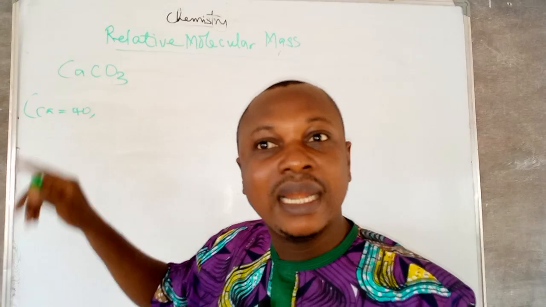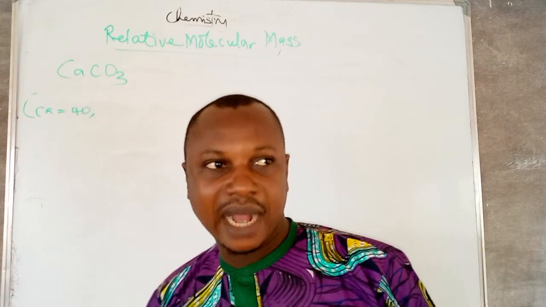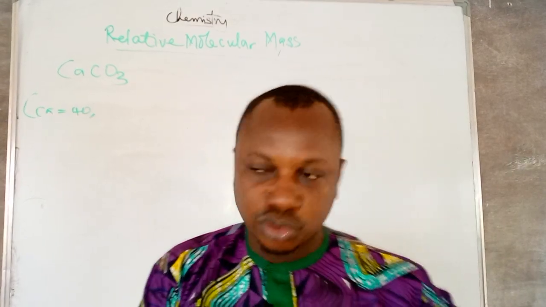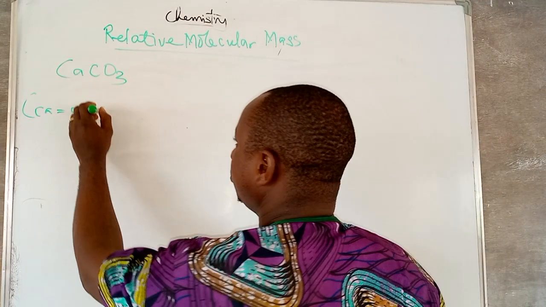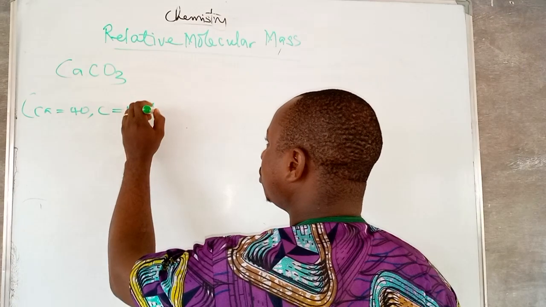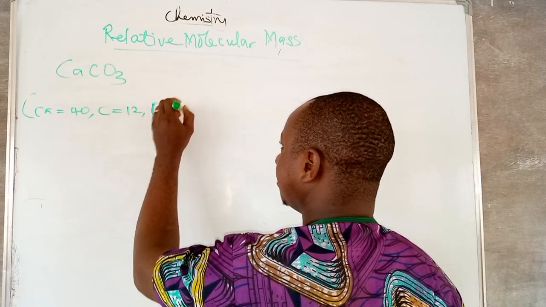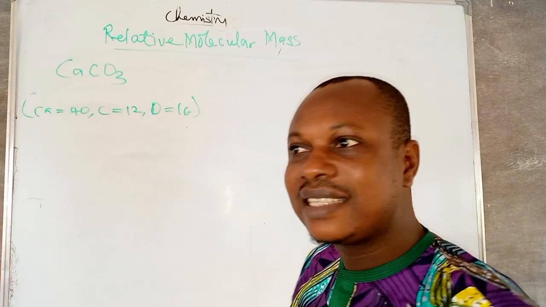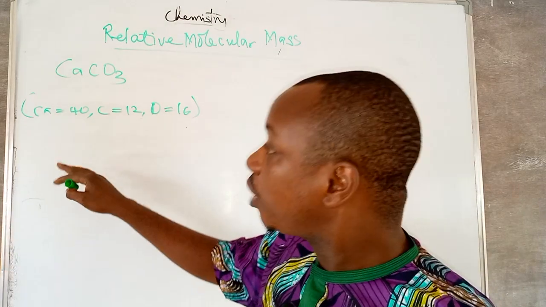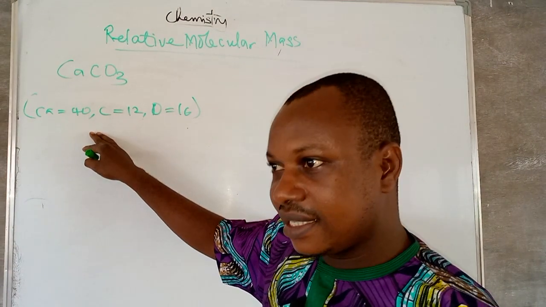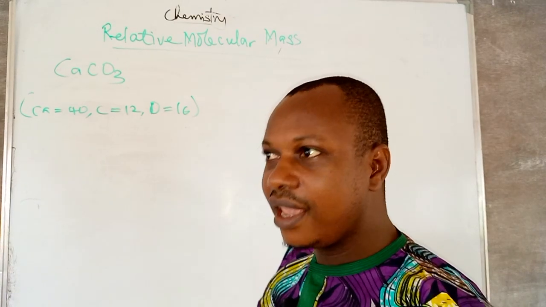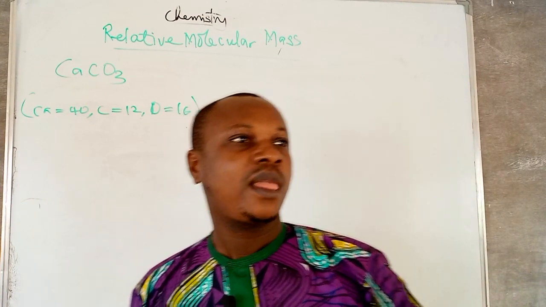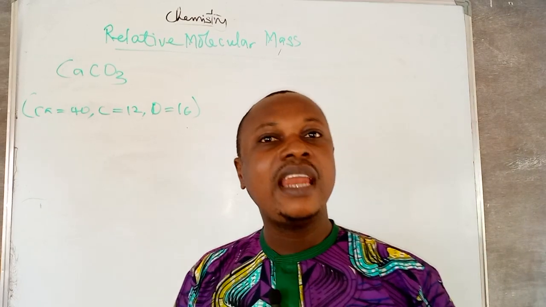But if we are talking about relative atomic mass, which is the sum total of the protons and the neutrons of an element, that is what 40 is. Carbon is 12. Oxygen is 16. These things are fixed, whether you are watching from UK, USA, Nigeria, Dubai, anywhere you are.